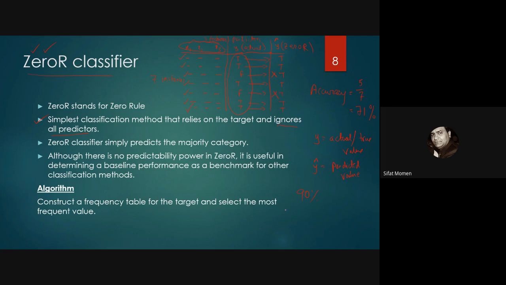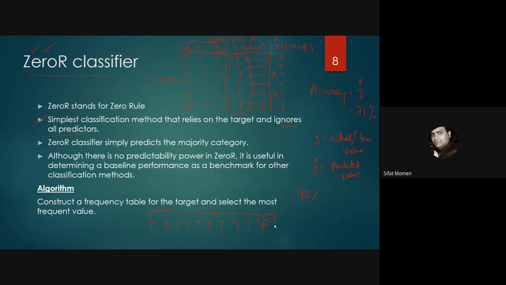That means 9 out of 10, because what does the ZeroR classifier do? It always predicts the major class. So in 90% of cases it's predicting correctly. If you look at 10 instances, 1, 2, 3, 4, 5, 6, 7, 8, 9 and 10, you will have 9 out of 10 which belong to one category and only 1 out of 10 that belongs to another category. Am I clear?